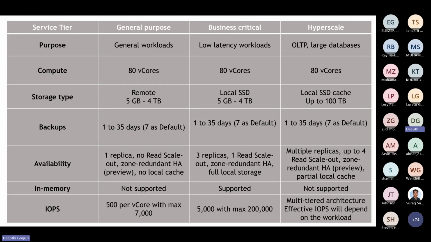Like I said, if you are going to use in-memory OLTP, business critical is the only choice you have. You cannot use the other tiers. And you will see what the other maximum capacities available are. I'm not going through each and every service tier here, but you can look into this page, and then you can understand the capacities that are available.